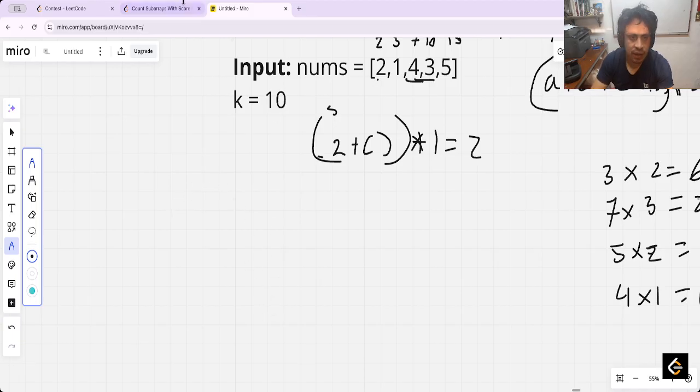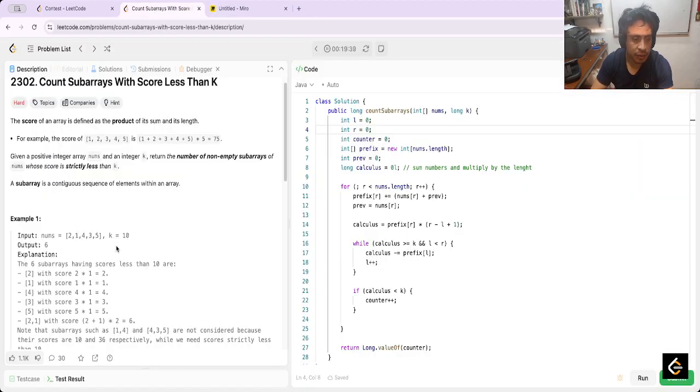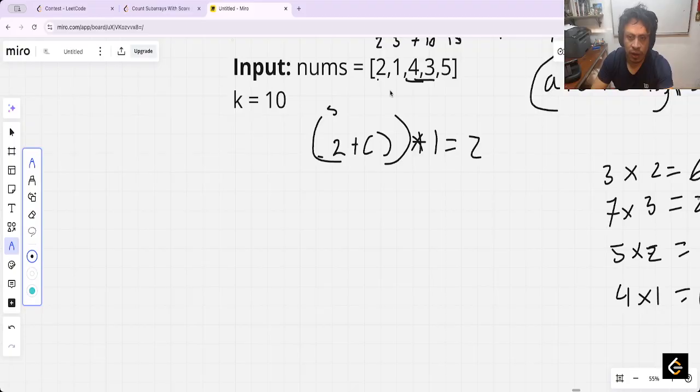Well, in this case, with my problem, I think my result is 4 because when the right pointer reaches this position, it doesn't continue with the execution of this. For example, 2: the result is 2 plus anything multiplied by 1, so we have 1.